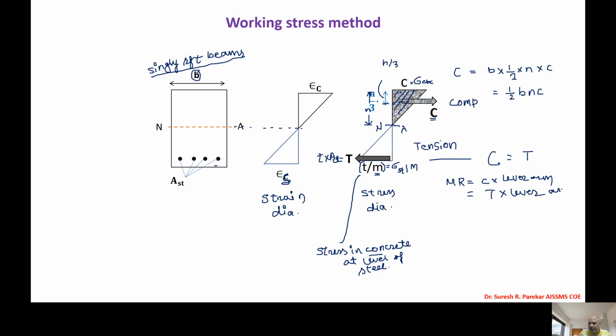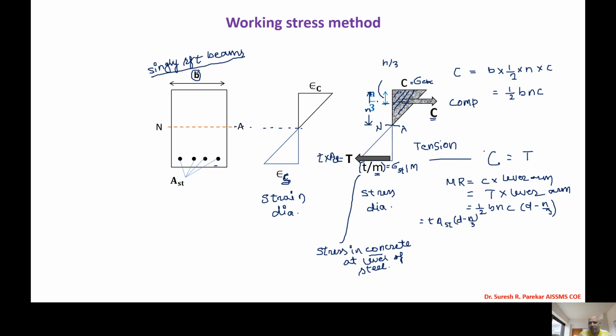So we are completing this working stress method. We will have simply half B N sigma CBC into D minus N by 3, or we can have T, that is sigma ST AST, into D minus N by 3.